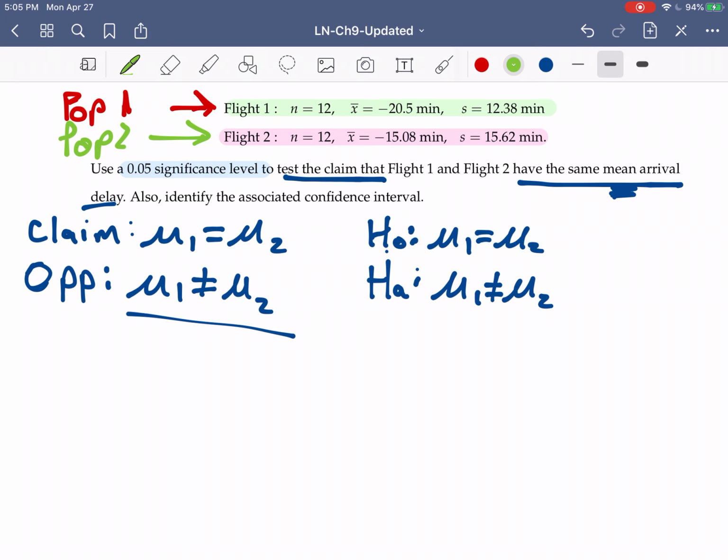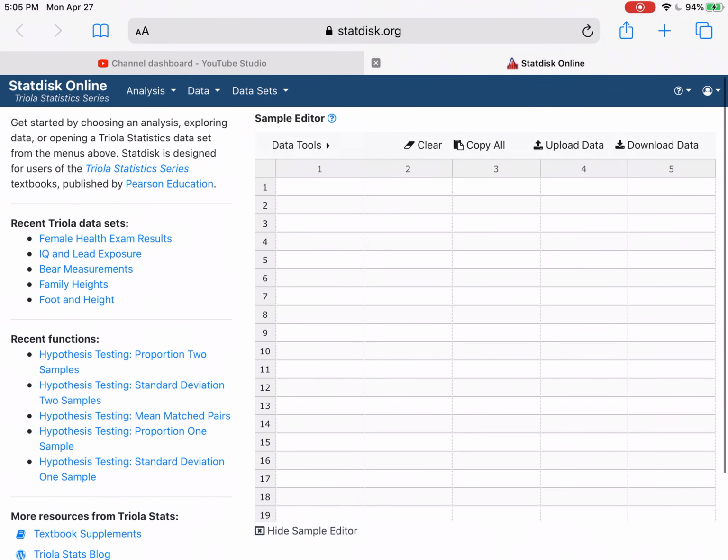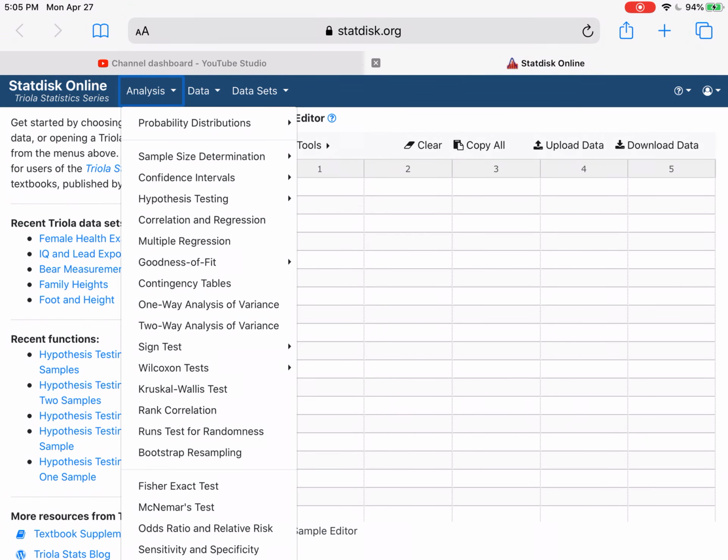All right, so let's go over to StatDisk. We're going to choose analysis. We are dealing with a hypothesis test. This hypothesis test is dealing with a mean, and we have more than one sample, so it's either two independent samples or matched pairs. And so we need to identify, is this independent? So is there a natural pairing of these two things?